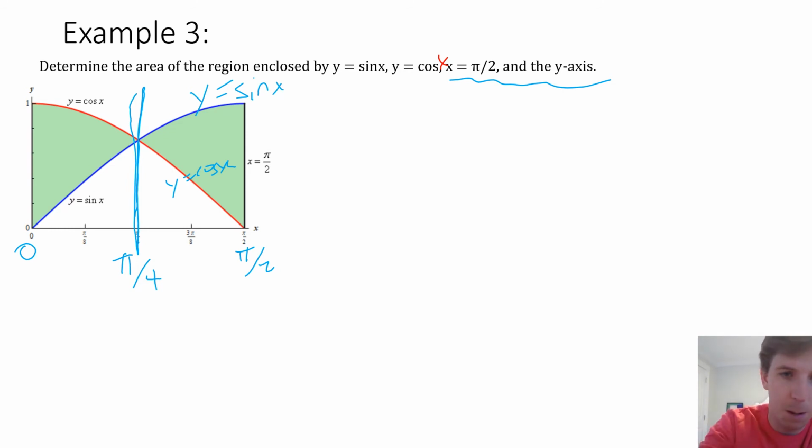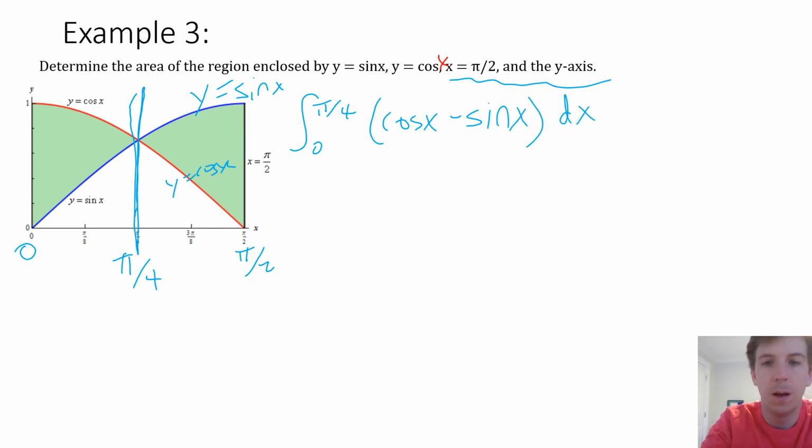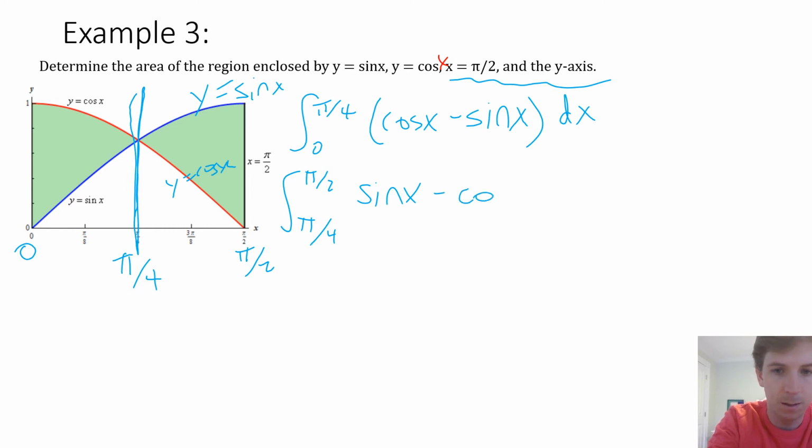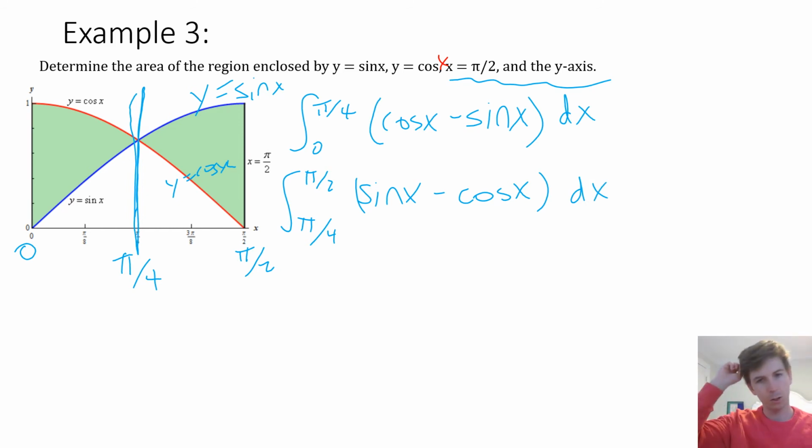So the first integral would be 0 to pi over 4, and in that region, the upper function is cosine and the lower function is sine. Then we'll add that with our second integral, from pi over 4 to pi over 2, which is going to be sine x minus cosine x, because for that one, sine is the upper function.